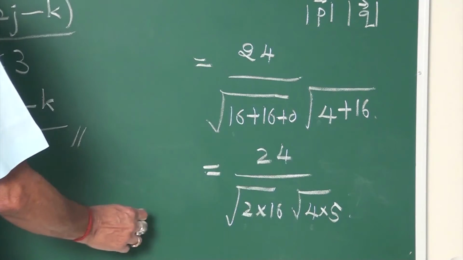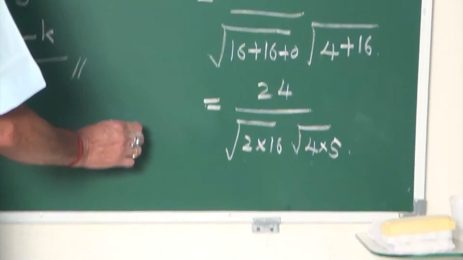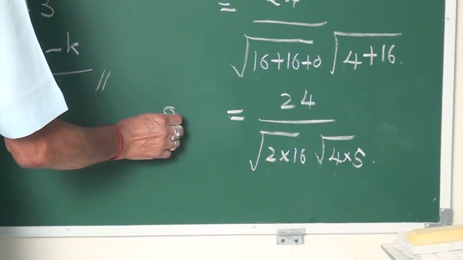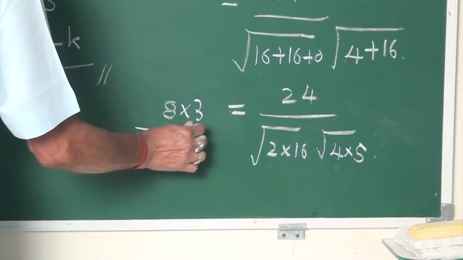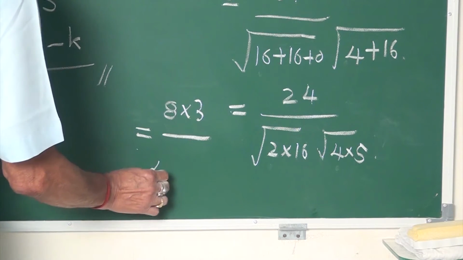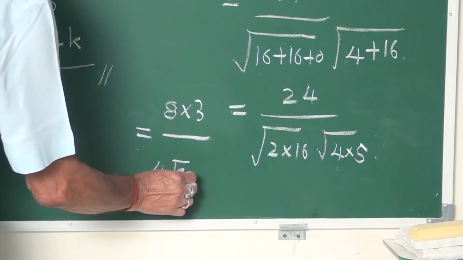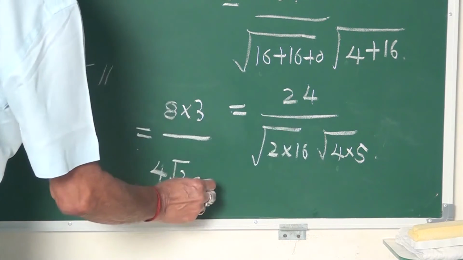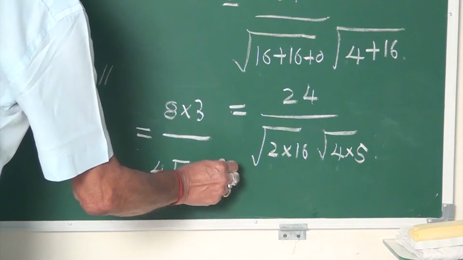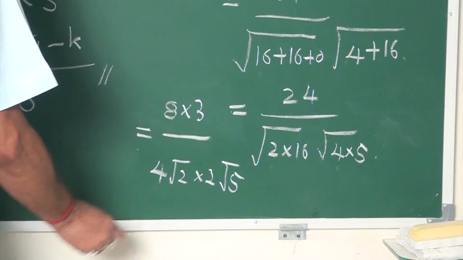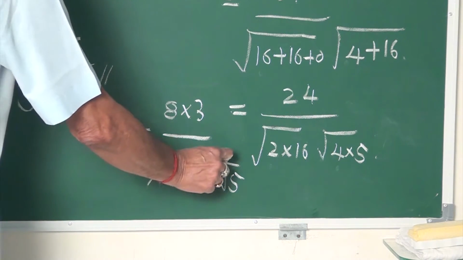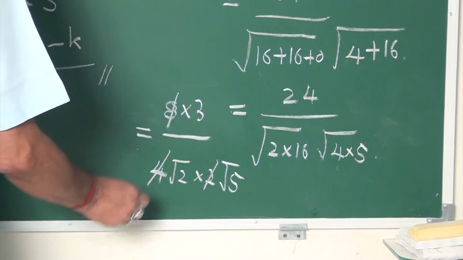So this equals 24, which is 8 into 3, upon 4 into root 2 into 2 into root 5. The 8 cancels with 4 into 2.